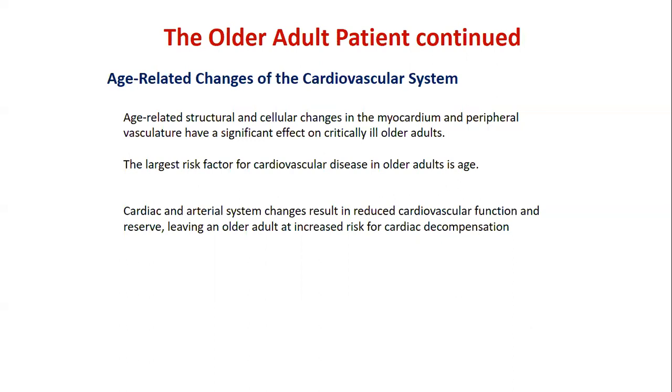Also, this change with age occurs in everyone, but not necessarily at the same rate in different individuals, therefore accounting for differences seen in some people between chronological age and physiological age. It is important to know.